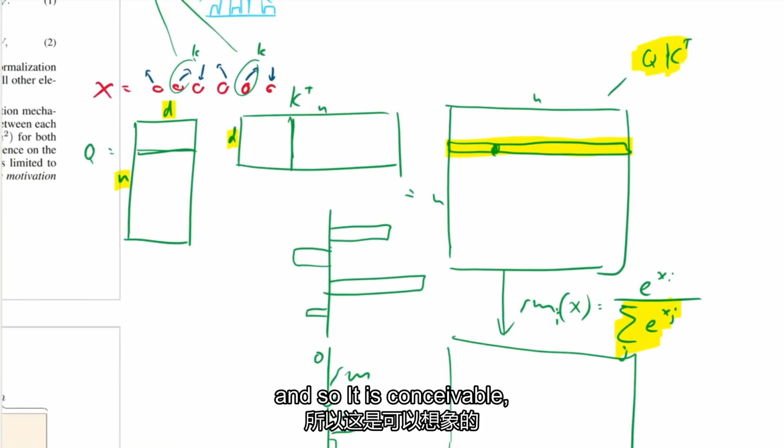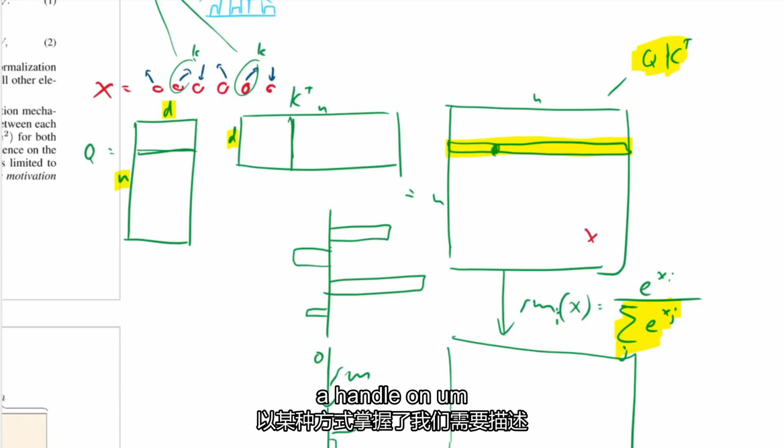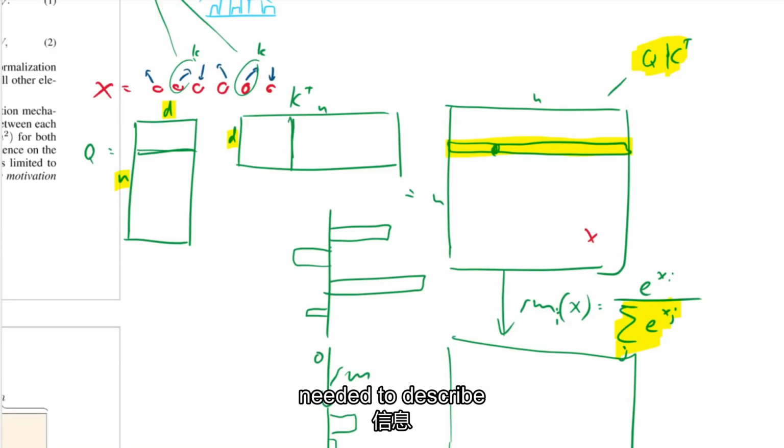And so it is conceivable that we can just leave away some entries of the matrix and recover them from the rest, because we already know that we don't need the full n by n numbers to describe this matrix. So if we somehow had a handle on the exact information we needed to describe it, we could leave away big chunks. Now, we might not have that.